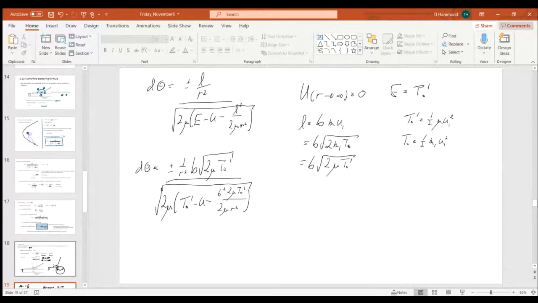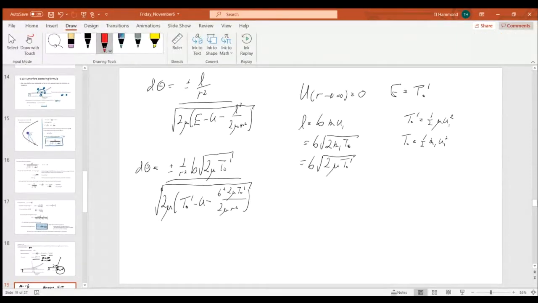This is all square rooted, but we have 2 mu here and a 2 mu here and a 2 mu here and a 2 mu here. So what we get is plus or minus b over r squared divided by the square root of 1 minus U over T naught prime minus b squared over r squared. Okay? So that gives us our d theta.